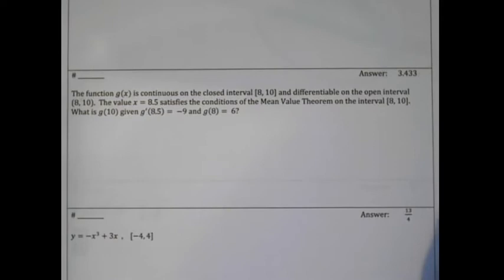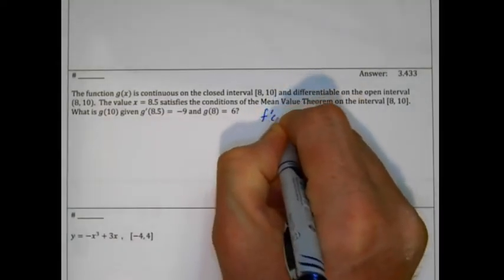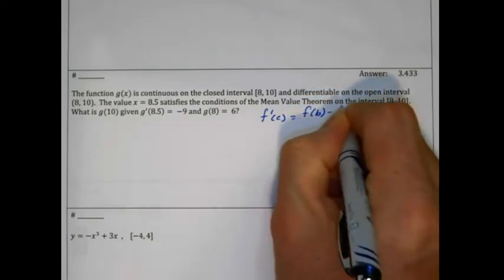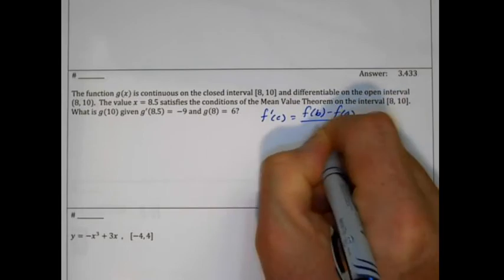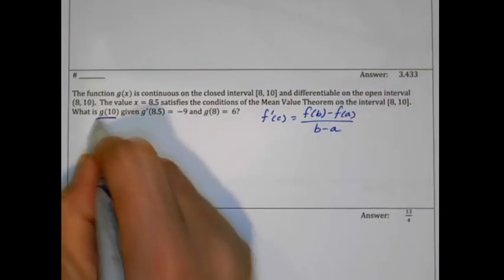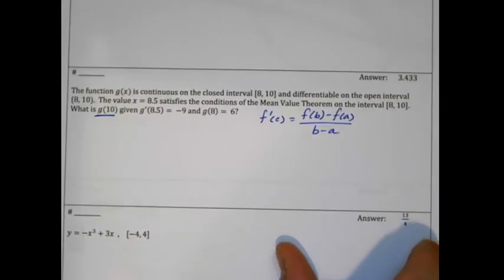And then what we are going to do is this. This is going to use the mean value theorem. I want to know what g of 10 is. So f and g are interchangeable in that case.